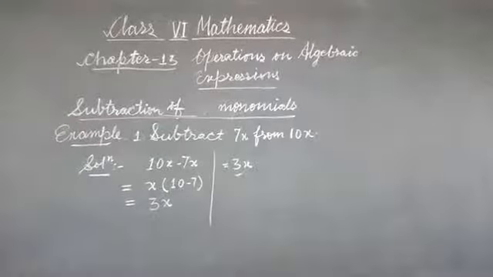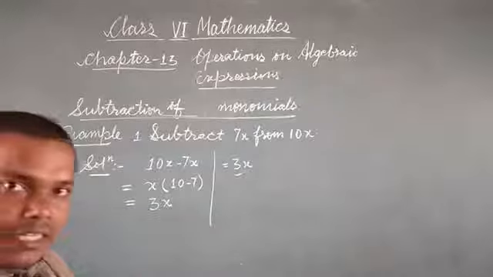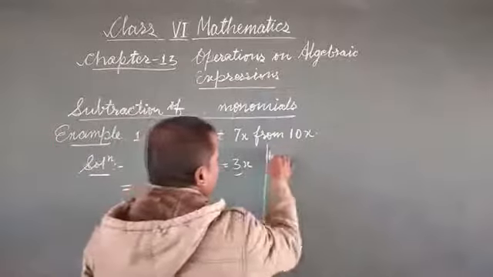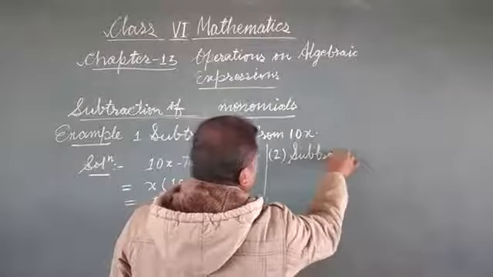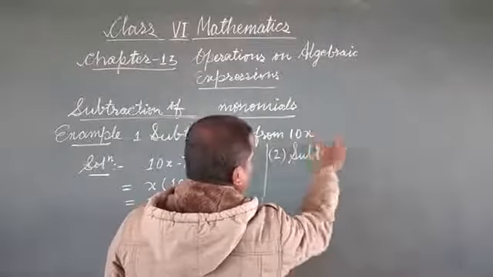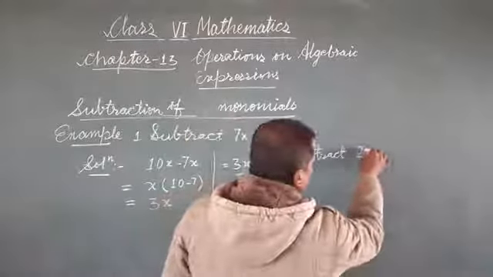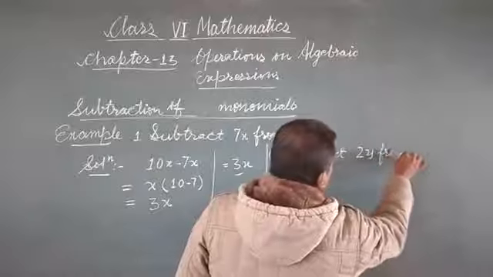If we have subtraction of unlike terms, then same as the sum of unlike terms, we can write. Suppose for example we have to subtract 2y from z.